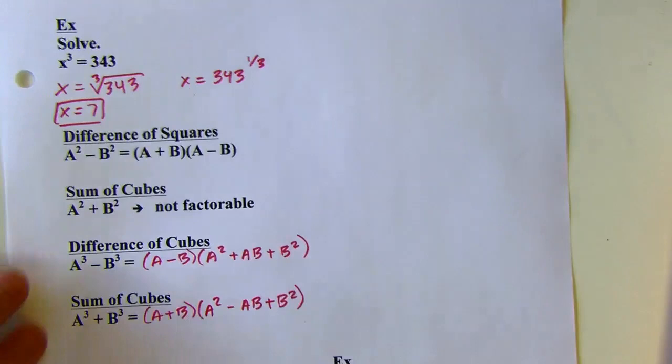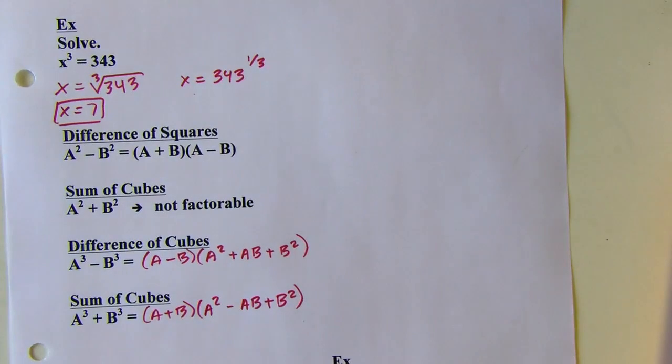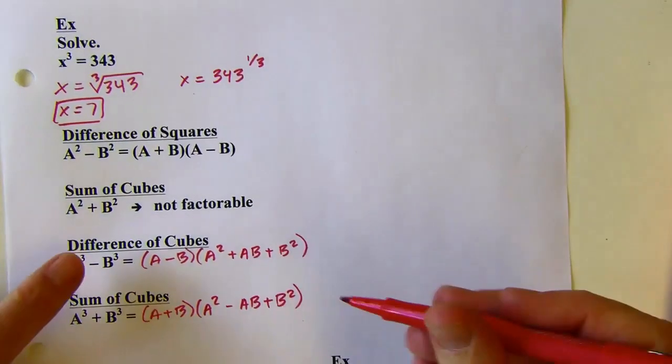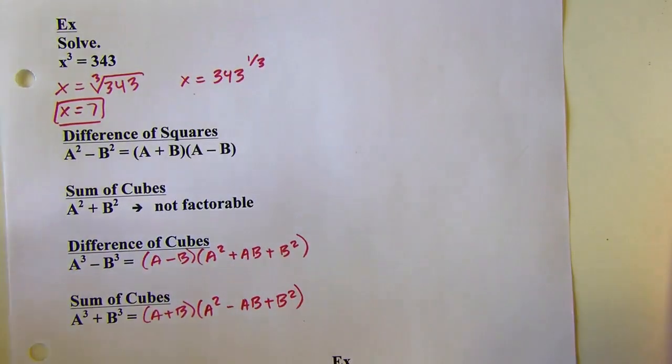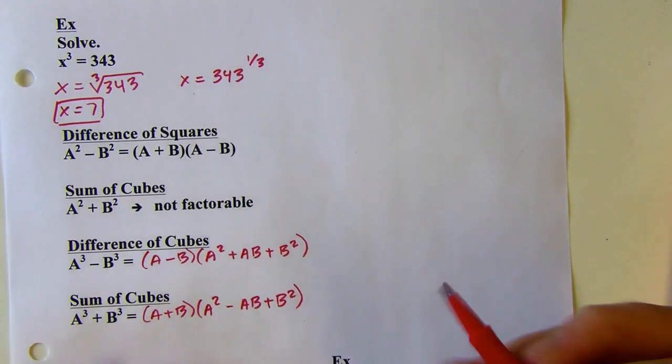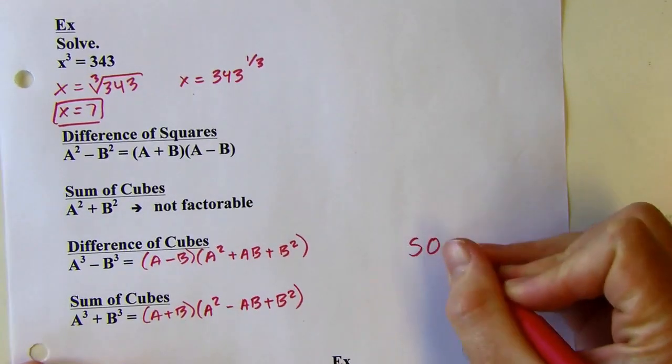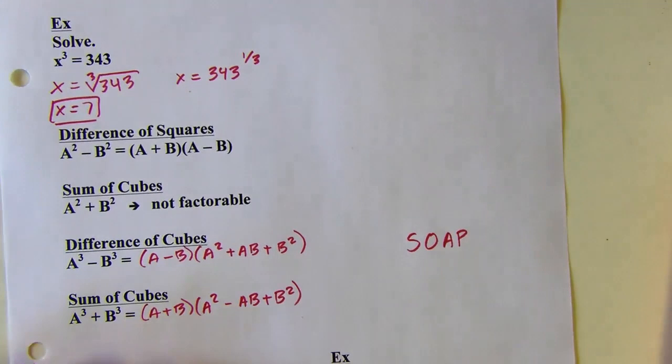Okay. So I learned a little acronym from a student once to memorize how this goes. You kind of got to just memorize the formula, but then it's making sure you don't mix up the signs because these two formulas are so similar to each other. Okay? So, the word SOAP, S-O-A-P.